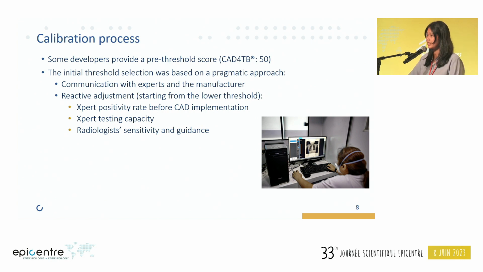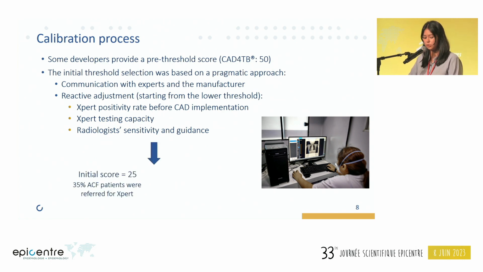We also looked at the testing capacity of the GeneXpert machine, as well as radiologist sensitivity and guidance. From here, we decided that an initial score of 25 as a threshold would send around 35% of our patients for GeneXpert testing. After a few weeks, the threshold was then increased to 28. This resulted in a 34% GeneXpert referral rate, and that's compatible with our GeneXpert testing capacity. More on the qualitative aspect of the calibration process will be discussed later.